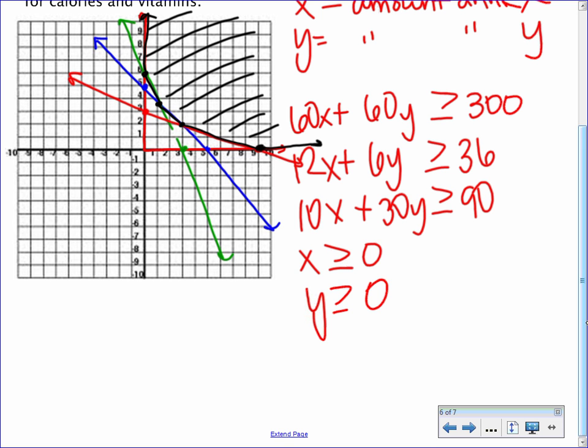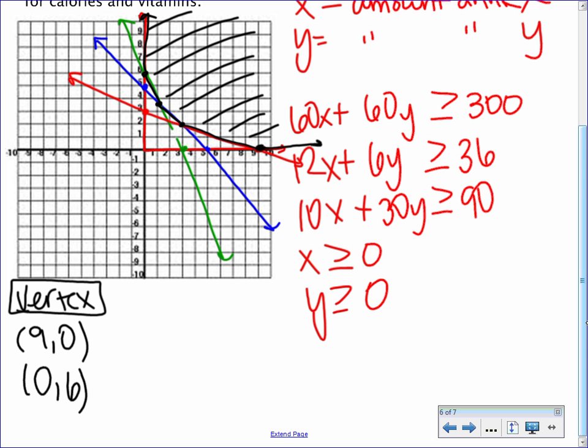What's this one? That one's easy. 6, 0. What's this one? 0, 6. Yeah. This is where the blue and the red line intersect.